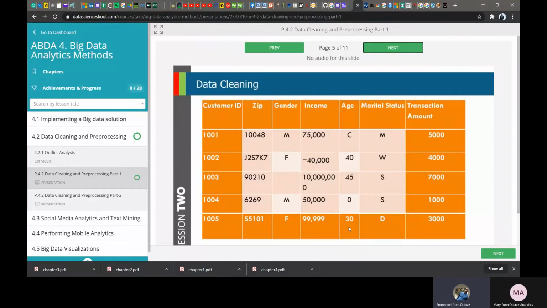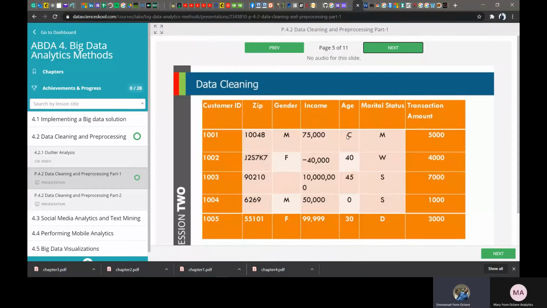Now you have this column called age. Inside this age, you have one that contains C, and one that contains 0. Now this can be explained. Let's use the instance of a Google form. If you set your form field as character or text instead of numeric, then you can have entries like this.